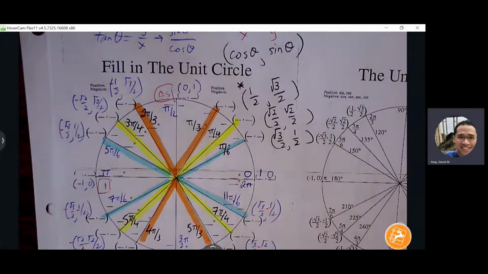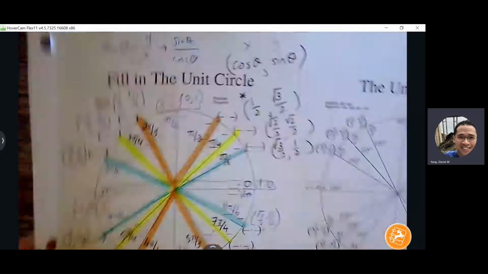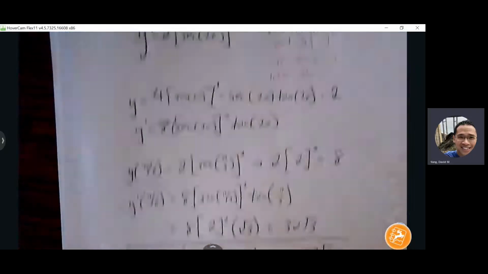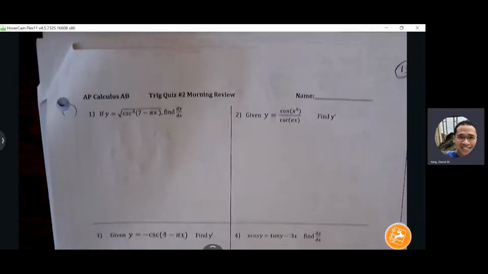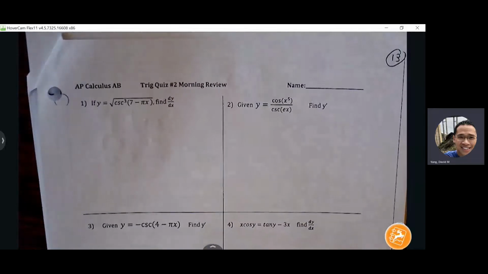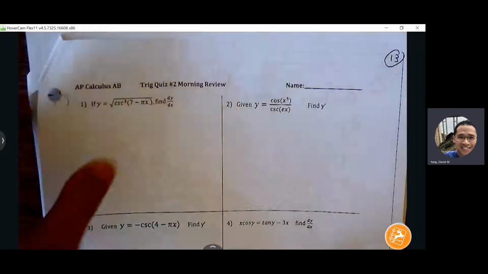Okay, so let's go to the review worksheet. This is on page 13. Actually, before we do this, let's review our trig derivative rules.